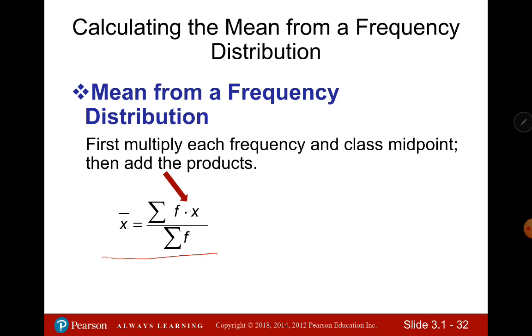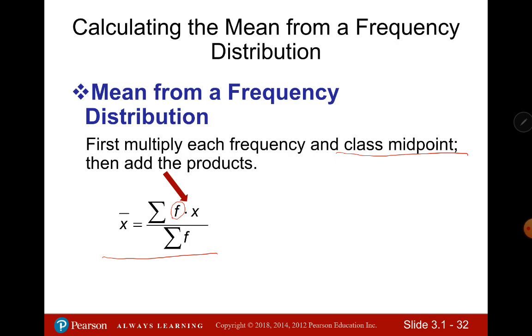Here, x is not the single x value because we do not have single x values, right? So it is just the class midpoint. And f here is just the frequency. So we check this formula. We should get the product of each class midpoint and the frequency.